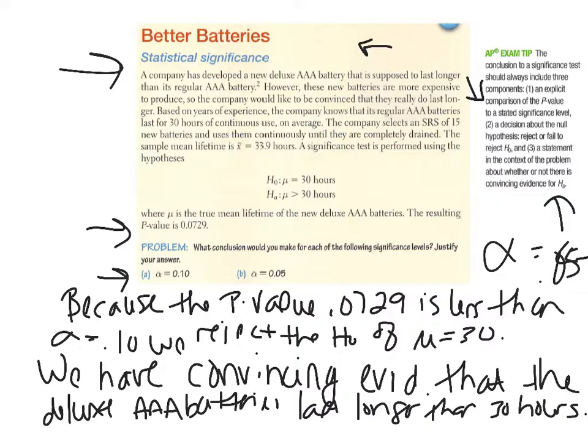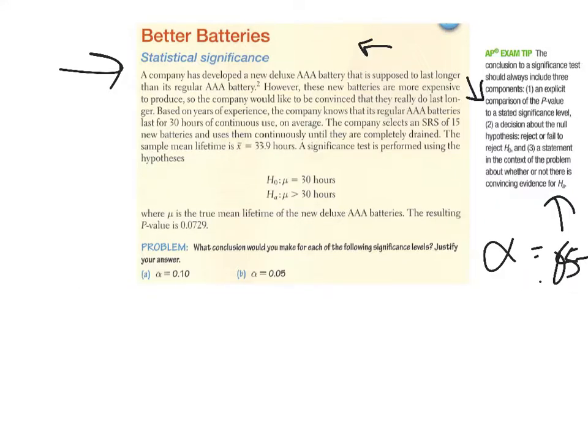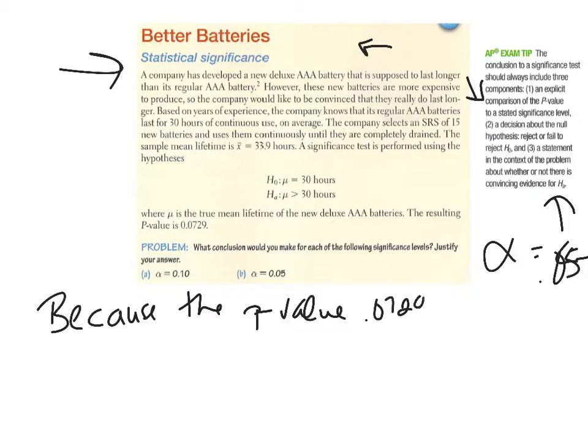So part B has you doing the same thing here for an alpha, this time of 0.05. So we're doing our 3 steps for this as well. So again, for this one, we're going to have our comparison because the p-value, I should have left half of that on there, 0.0729.